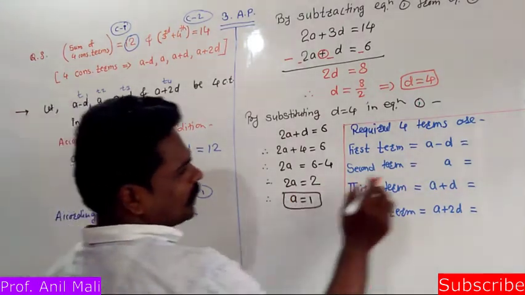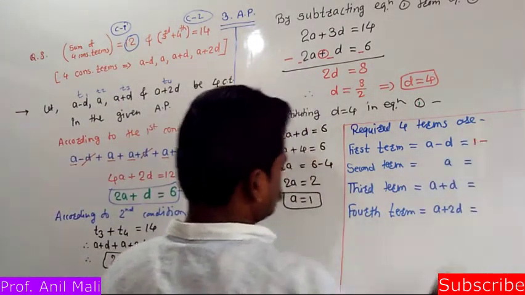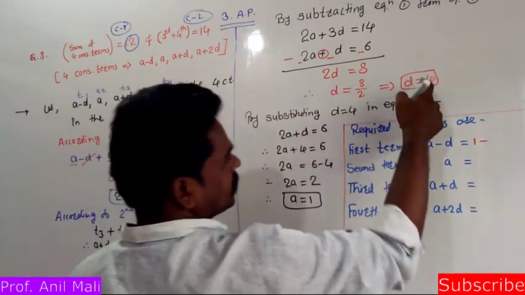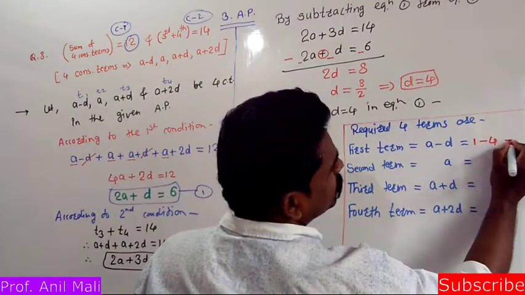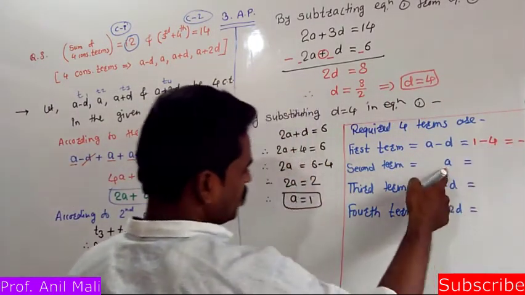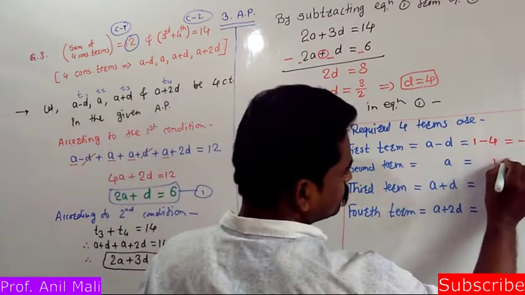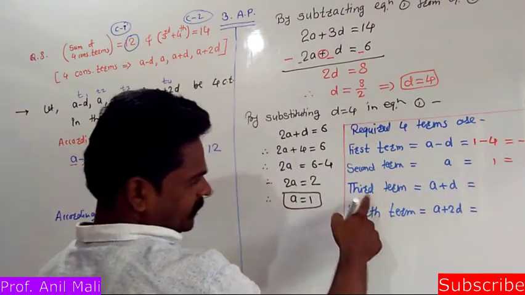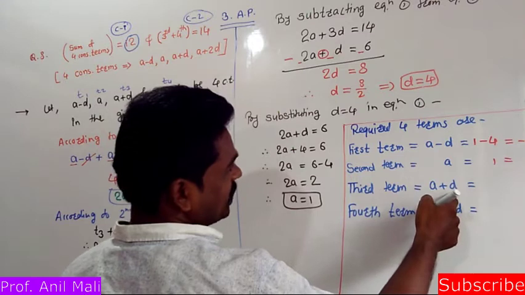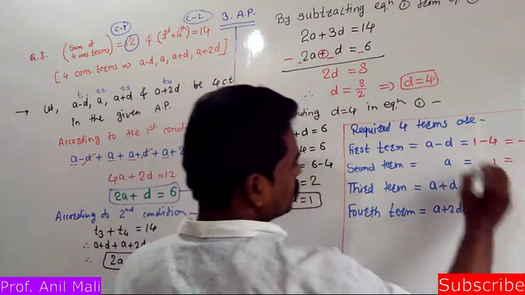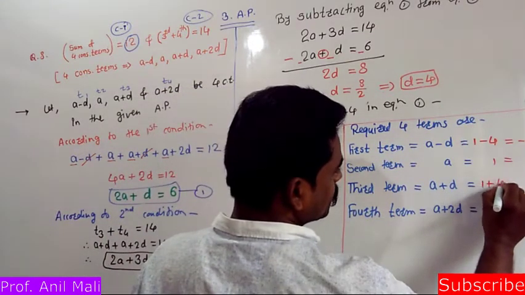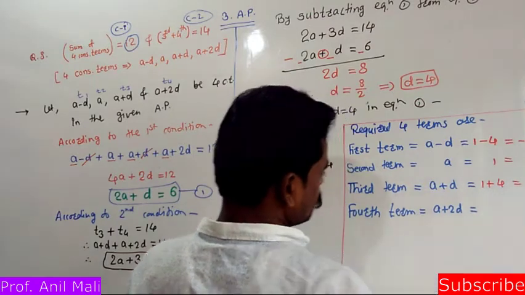A is equal to 1, D is 4, so 1 minus 4 is minus 3. A, it's 1 only, so 1. Third term, A plus D, A is 1, D is 4, so 1 plus 4 is equal to 5.